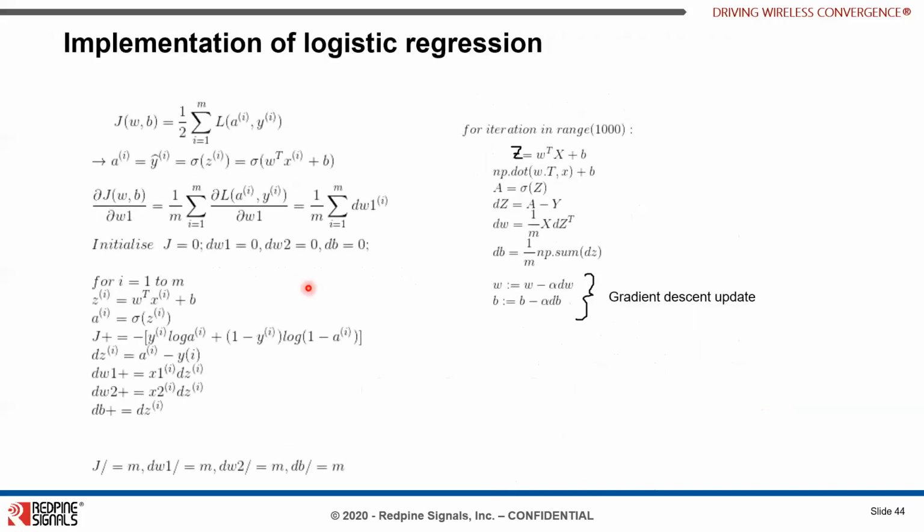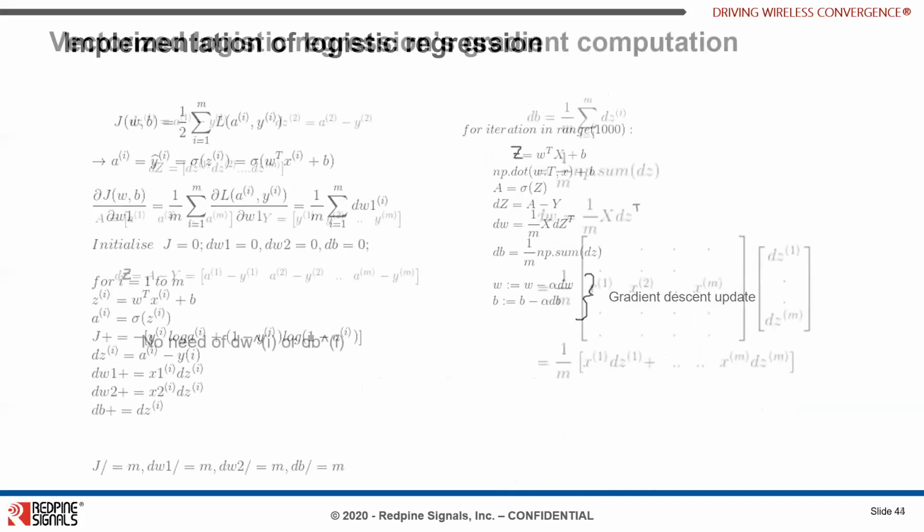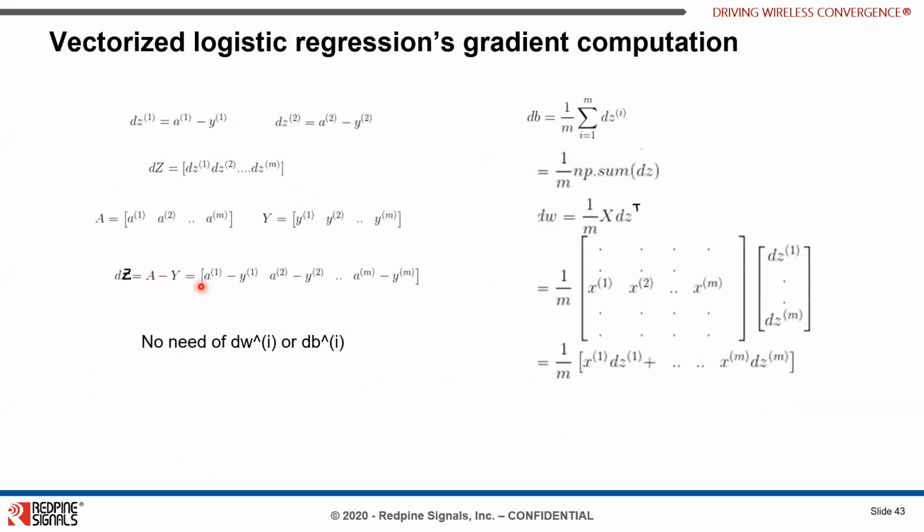We will see dz is a minus y. In this vectorized representation, capital Z is the individual z's, a is the individual a's, and y is the individual y target. And capital dZ is the individual dz's. So we represent this vectorized representation as dZ, the gradient.